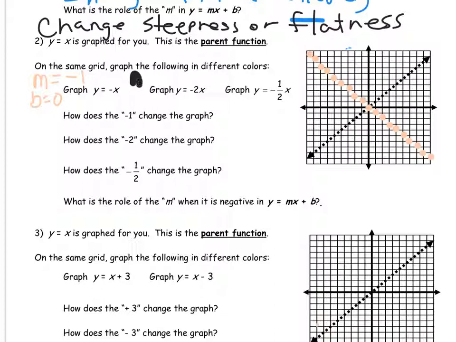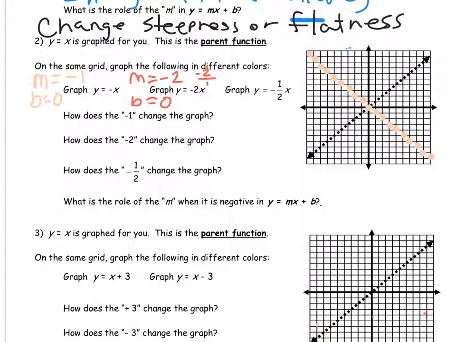So my slope on this, let's make this a much smaller line. Our slope is -2. My y-intercept is still 0. So how do I change that -2 into a rise over run? That's going to be -2 over 1.